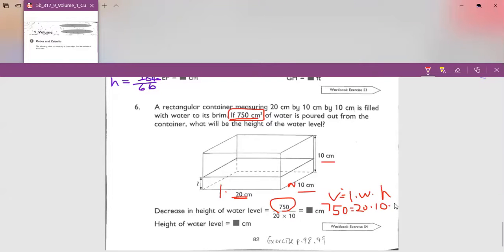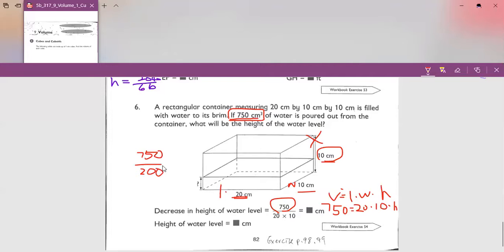And then they want us to figure out the height of the water when the water pours into the container. This is the height for the container. Okay, so please don't use this height as the water level. So here we use 750 divided by 200.